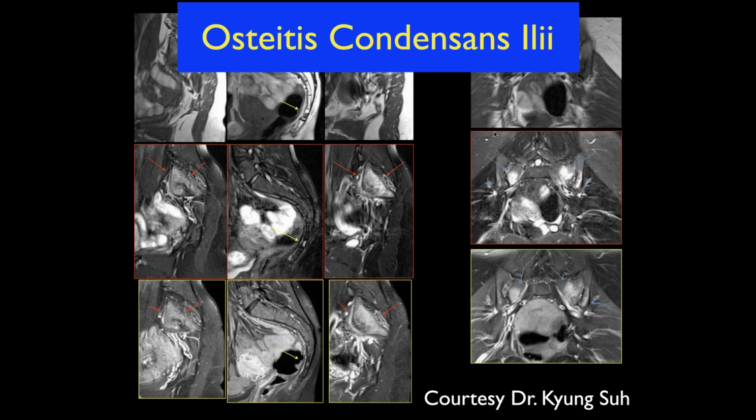Okay, so certainly I would be concerned about sacroiliitis. If it's a younger individual like this, I'd be concerned that this could be ankylosing spondylitis, or it could be inflammatory bowel disease. It's a woman, and it's on one side.